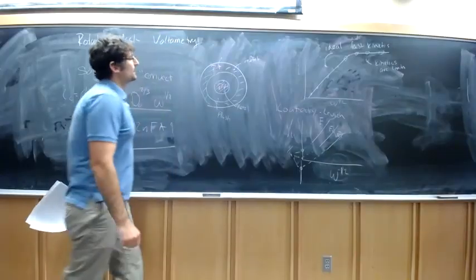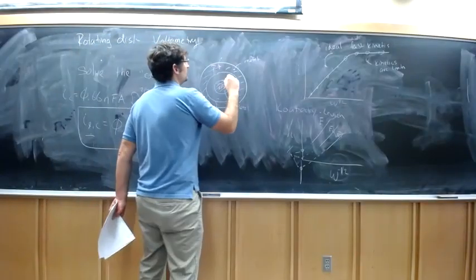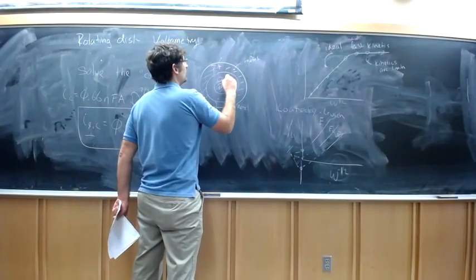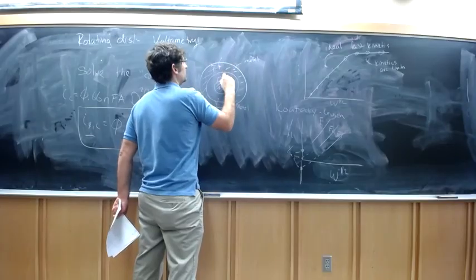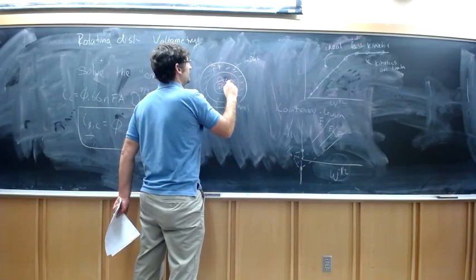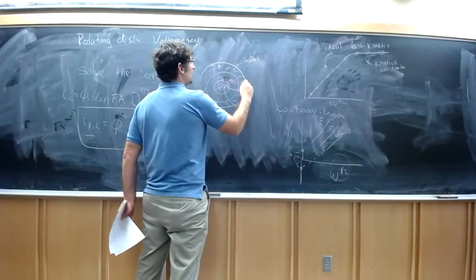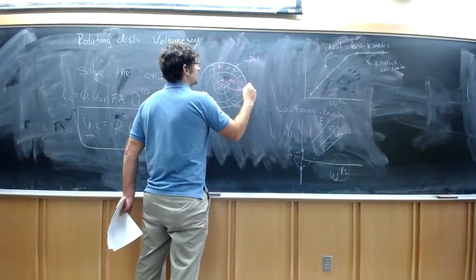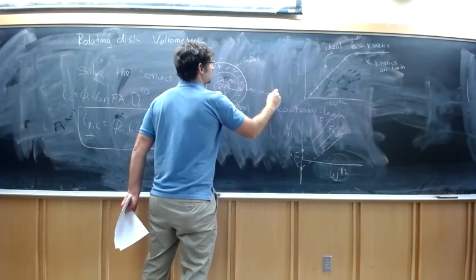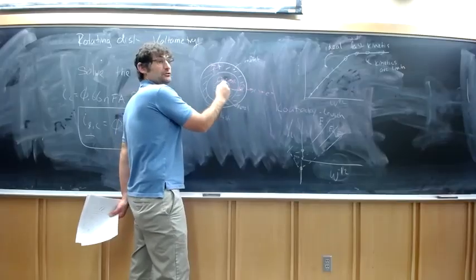Then you can do some reaction here, say O plus an electron goes to R, and then you can do another reaction here, taking R back to O plus an electron. So these two can be at different potentials.